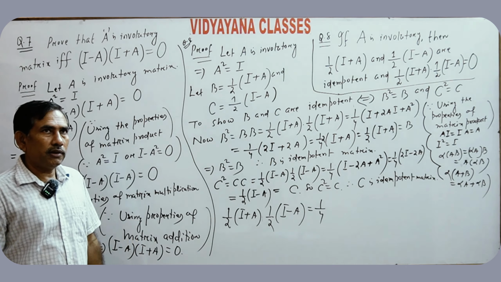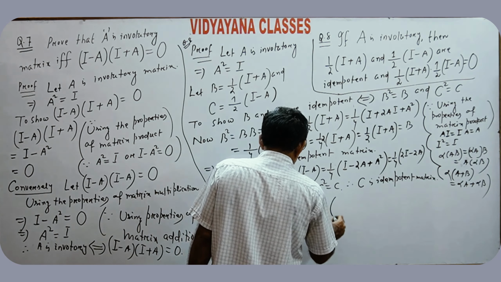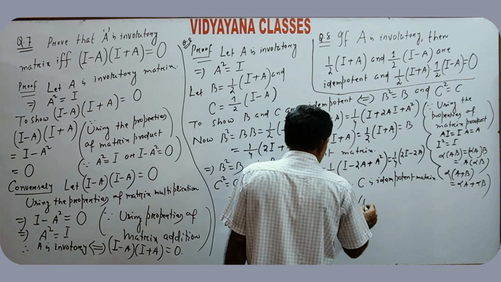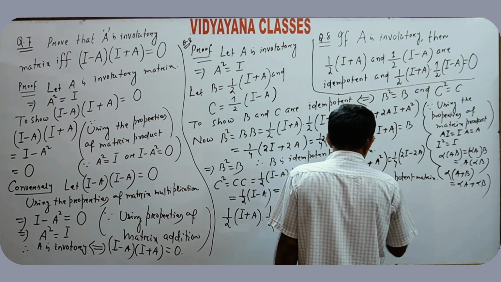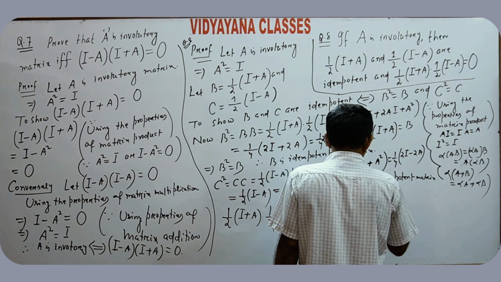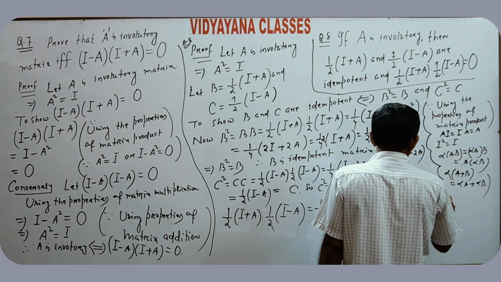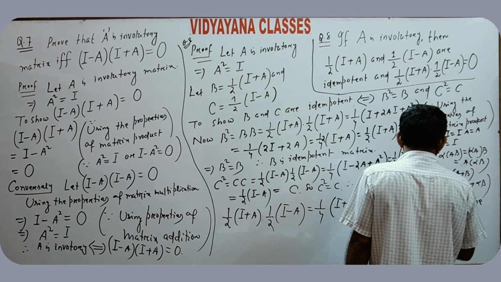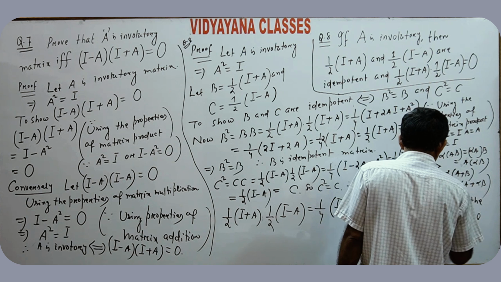Since matrix product is associative with respect to scalar, (I plus A) into (I minus A) is the same as 1 by 4 (I minus A square), using the properties of matrix product.